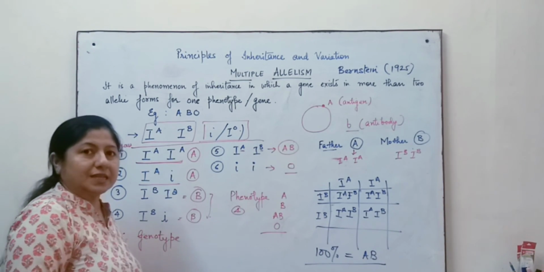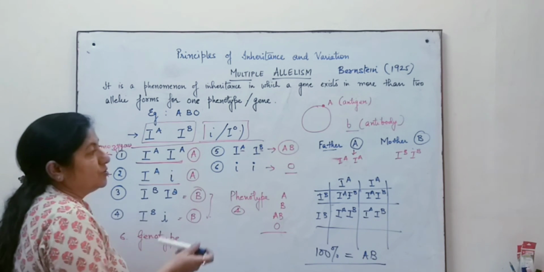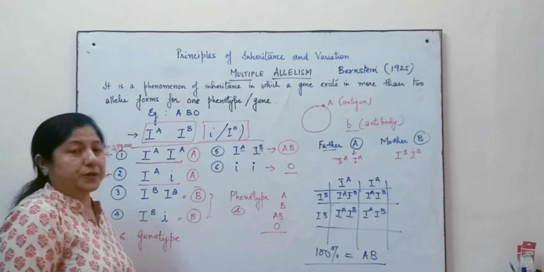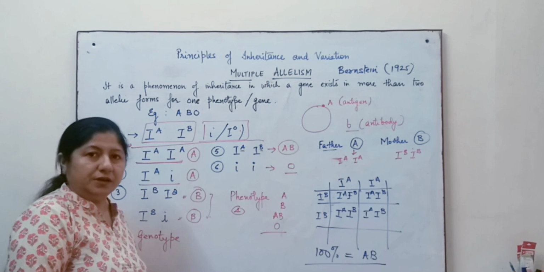By this we can find out the genotype of the offspring. So multiple allelism is another deviation from Mendelism.